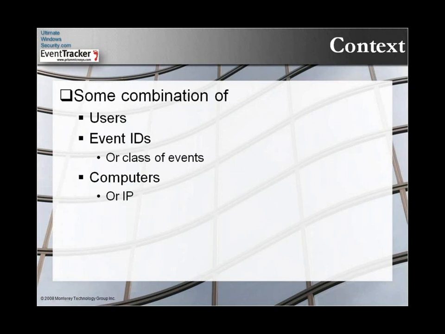So in order to capture these anomalies, we need some combination of criteria. First of all, let's talk about event IDs. Typically, we're going to specify some class of events, maybe all object access events, or all logon failures, or all process start events. Some set of events, and of course this doesn't have to be just Windows.